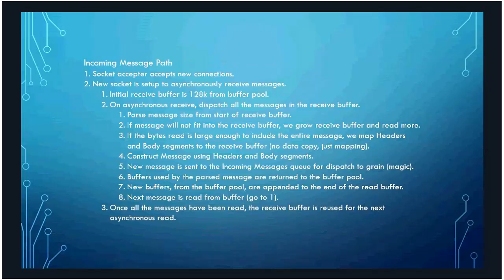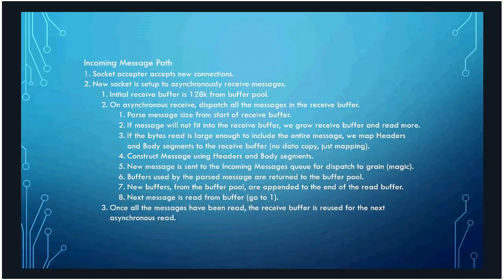We initially set up a 128K buffer that is built from buffers from the buffer pool to read from. 128K just happened to be the size that we were using during the prototyping. And it worked well, so we never changed it. We considered making that configurable or playing with other sizes for performance, but that has worked pretty well so far. Most Orleans messages, at least in our testing, tend to be rather small.